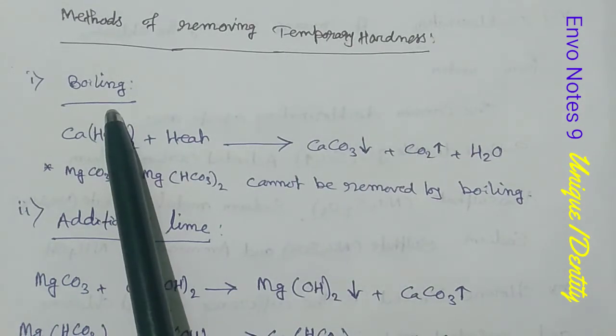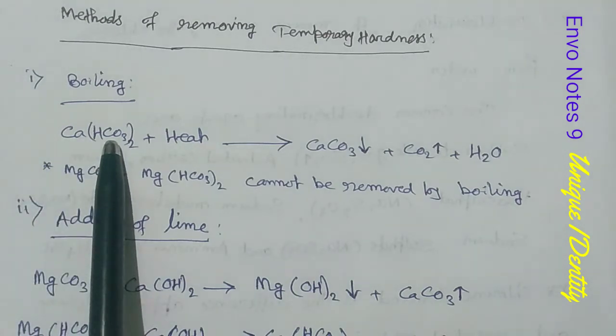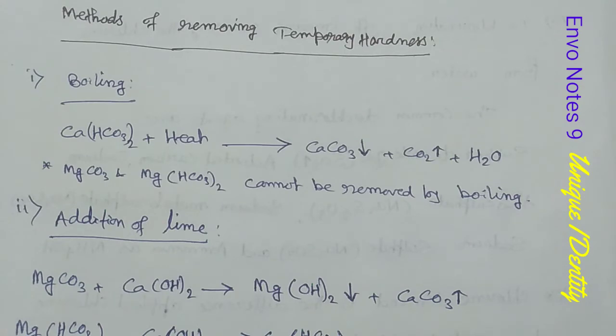First one is boiling. As you know, calcium carbonate will usually exist in water as calcium bicarbonate, because it is easily dissolved in natural water containing carbon dioxide.